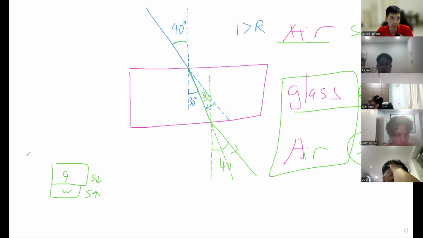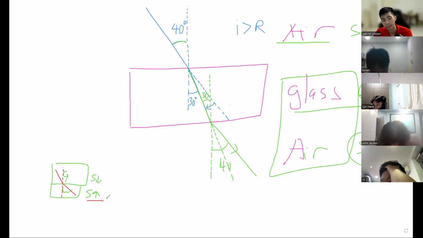If the light shines here, it will bend away from the normal also, because it speeds up here. You get what I mean? A different medium. But anyways, you need to figure out which medium travels faster and which medium travels slower. Okay? Got it. Anyone else with any questions?